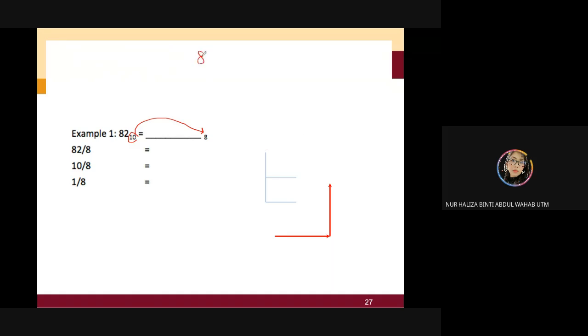Let's say 82, you're going to divide by 8. When you divide by 8, you're going to get 10 as your quotient, and you get 2 for the remainder.